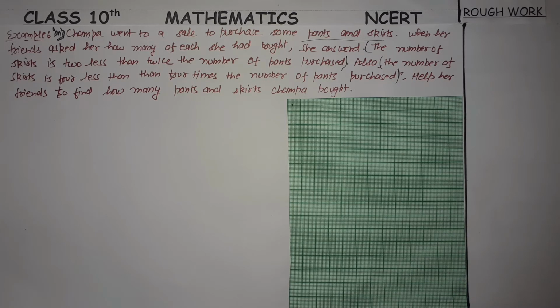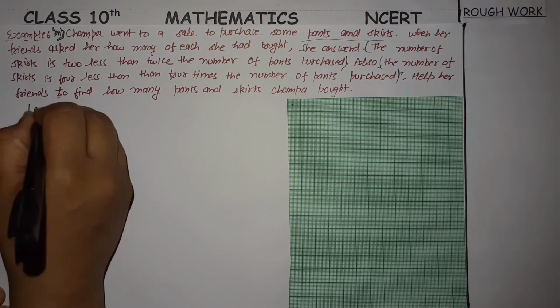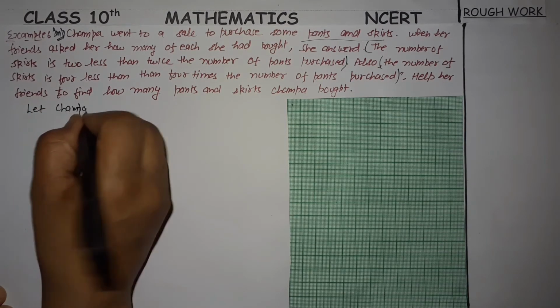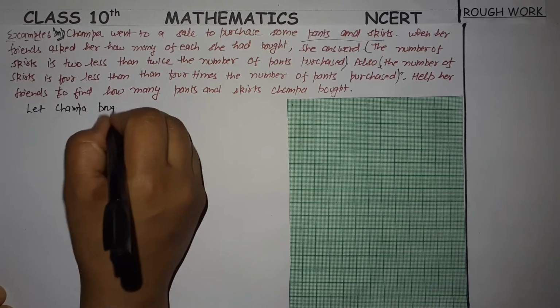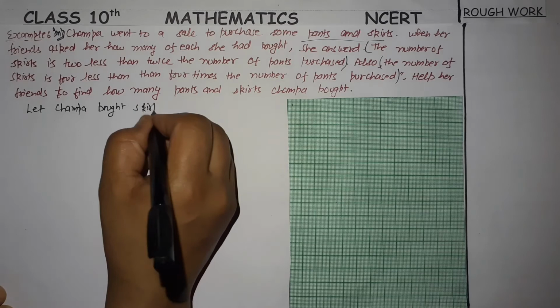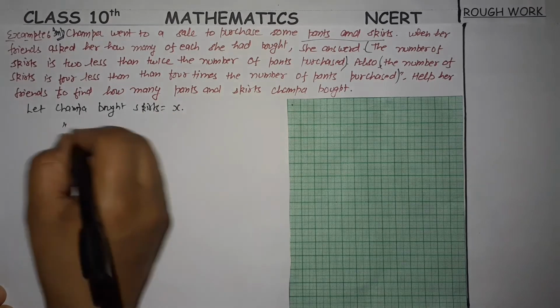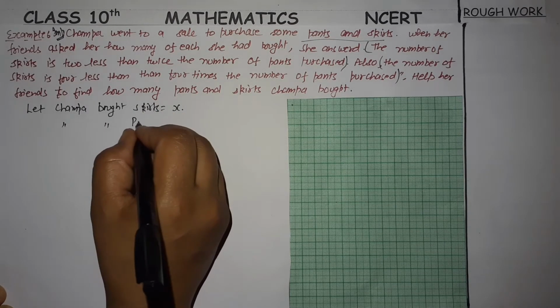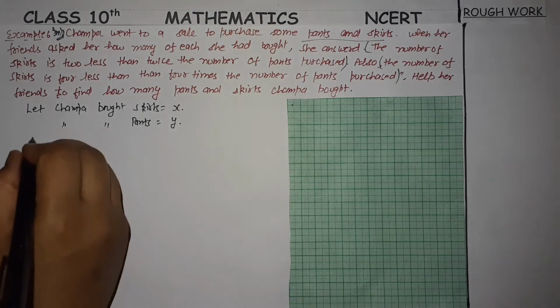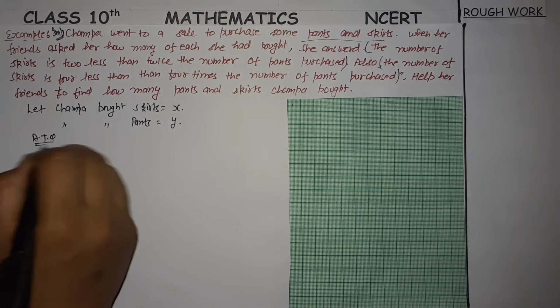Let Champa bought skirts, that is x. Champa bought pants, that is y.